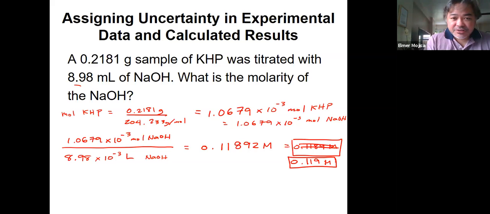So we just follow the rules of significant figures. Now the second one uses the uncertainty and precision of each measurement arising from the limitations of the devices and the contribution of each uncertainty to the final calculated result.